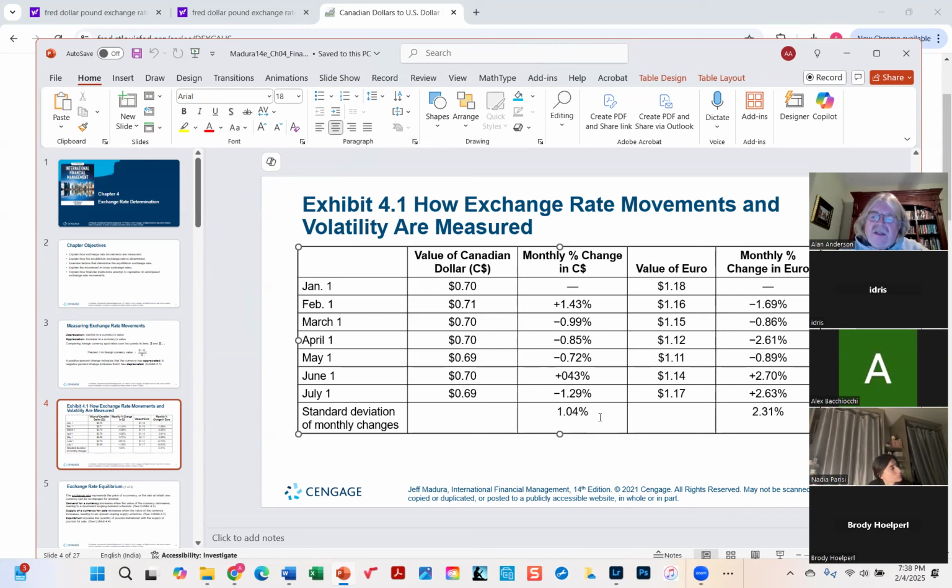So that would make perfect sense that our economy is more tightly aligned with Canada. So the dollar Canadian dollar exchange rate would be not so volatile as it would be between the dollar and the euro. Not to mention the fact that the euro actually consists of 20 different countries whose economies could be performing very differently at any given time. So that would be another reason why this exchange rate is fairly volatile compared to this one.